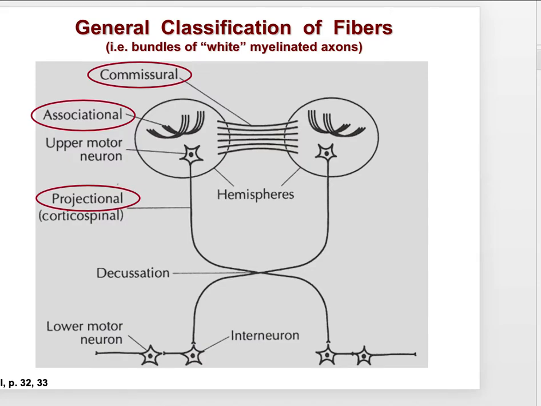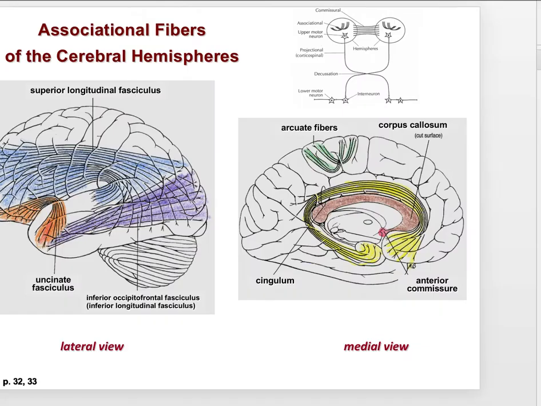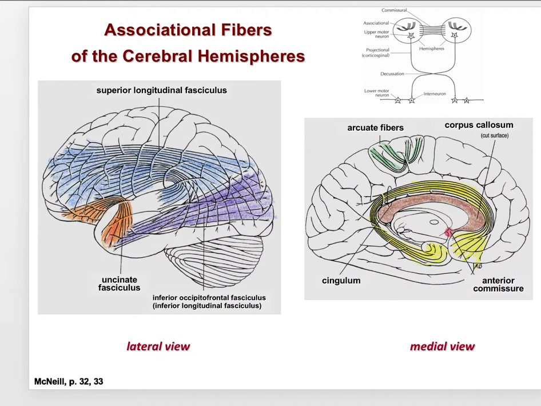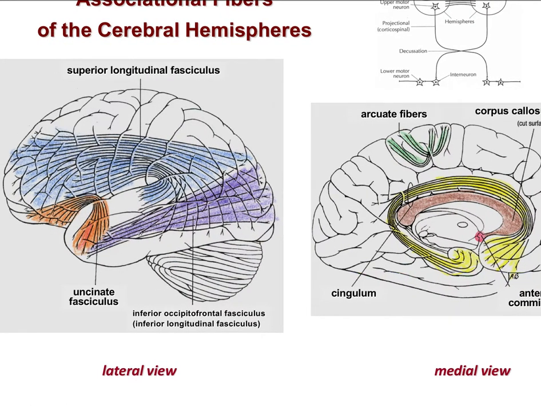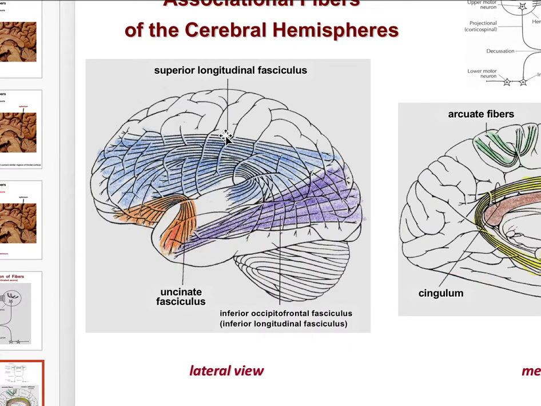All right, so what about these different types of associational fibers that we have here? What's going on with those? These are kind of cool as well. If we look from the side of the brain here, we see these different types of fasciculi. These pictures here are drawn from that McNeil book that's saved as a PDF on Blackboard for you to use as a study tool. And what we have here is this superior longitudinal fasciculus, depicting the connection of the most posterior portions of the brain with the most anterior portions of the brain.